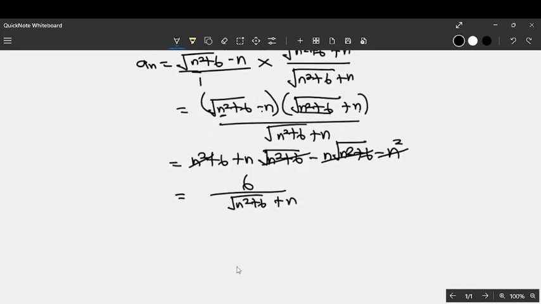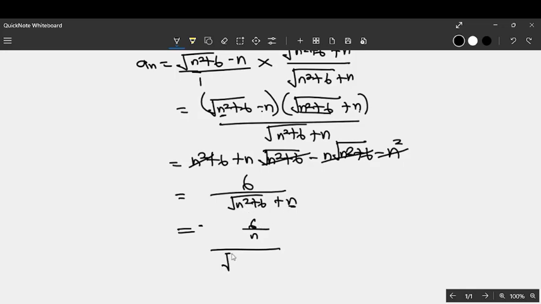Now the next thing is to divide through by the highest power of n, which is n. So you have 6 over n. Here we divide n squared by n squared because of the square root, so that when we cancel out, we get back to n.